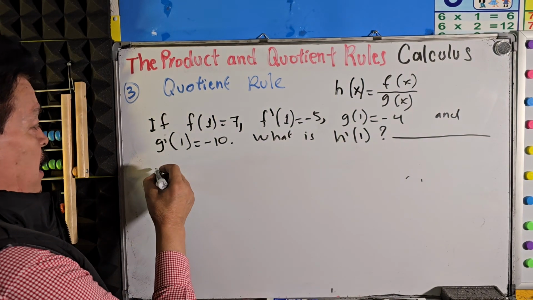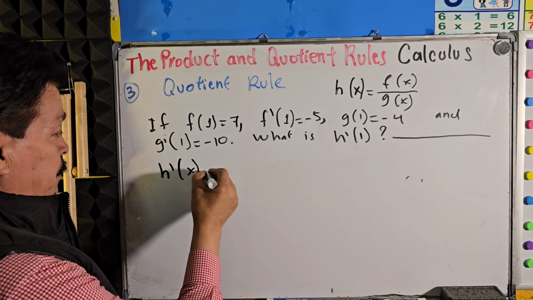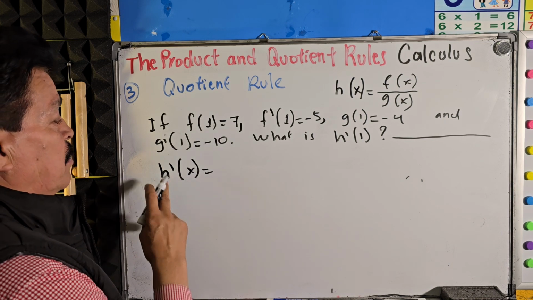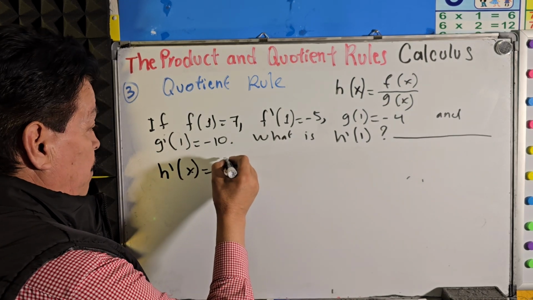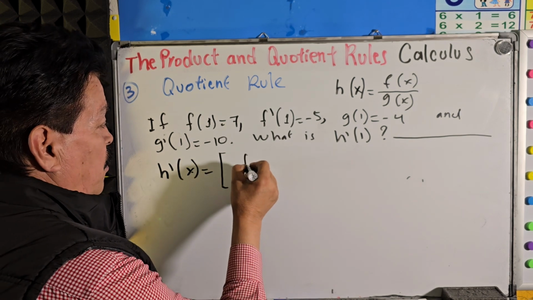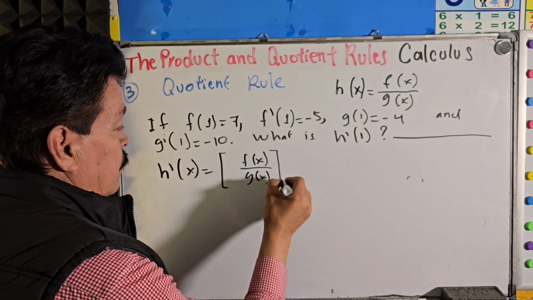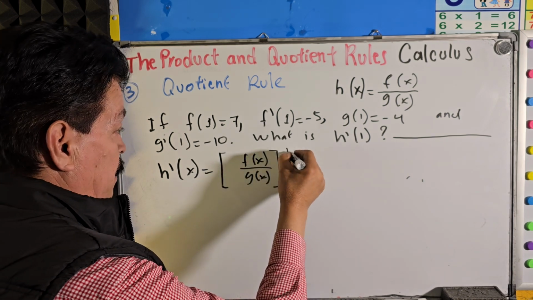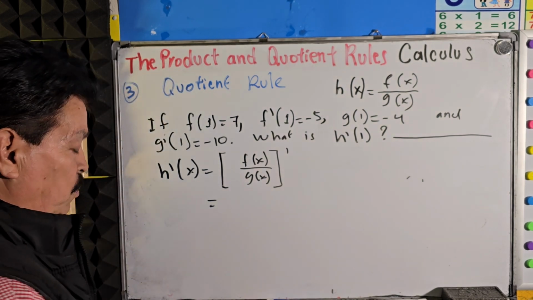Let's write h prime of x equals, just writing the little formula here. We have to substitute here.